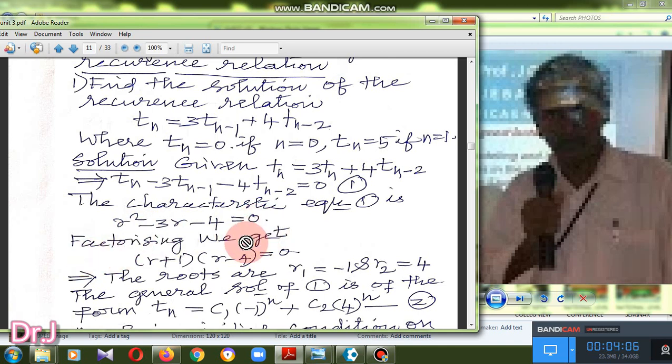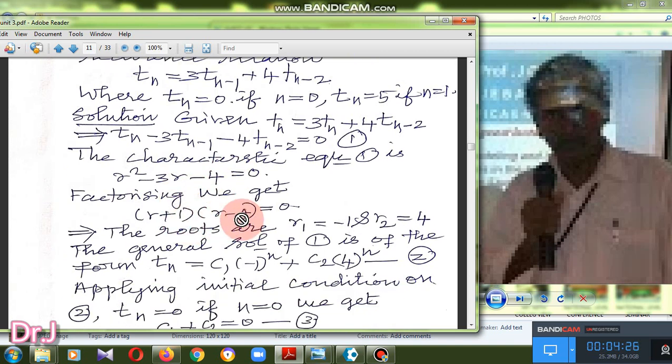If you factorize, you will get (r plus 1)(r minus 4) equals 0. This is the factorization of this characteristic equation.